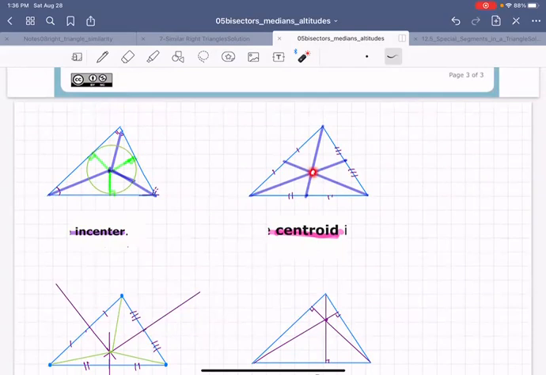This point is called your centroid, okay? There is interesting information here. This piece divided by this piece is 2. This piece divided by this piece is 2. This guy is also double of this guy.